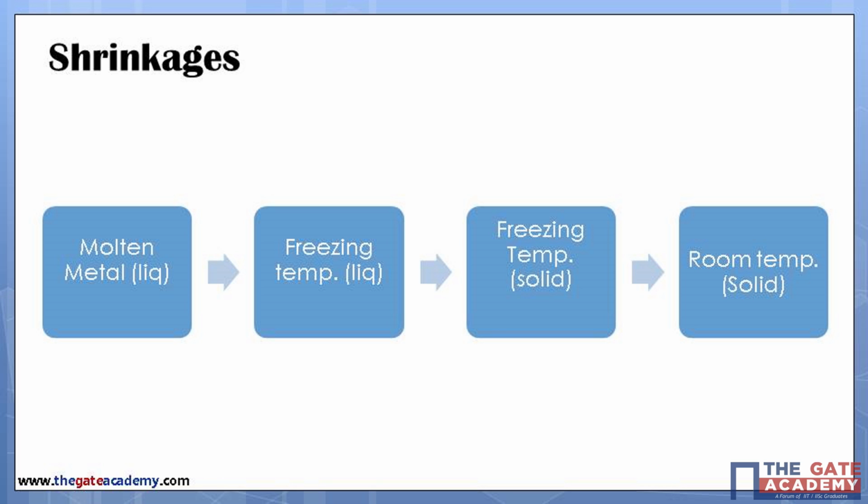Now the story is going to begin from a point where you have already poured the molten metal into the casting cavity, and now what is the state of that molten metal? It's in liquid state, right? Our story begins from this point, that the molten metal is in liquid state now, and from here onwards it is going to start its journey to the solidification.